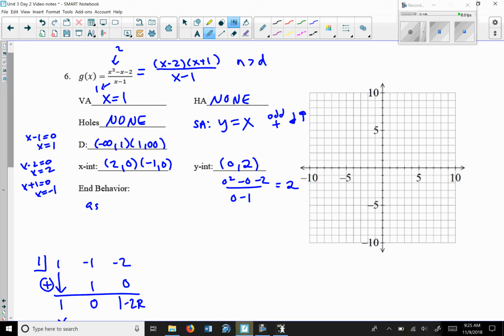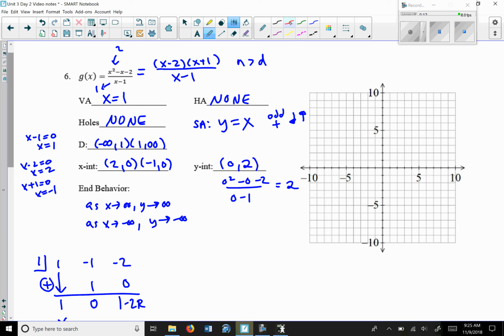As x approaches infinity, my y values approach positive infinity. And as x approaches negative infinity, my y values approach negative infinity.